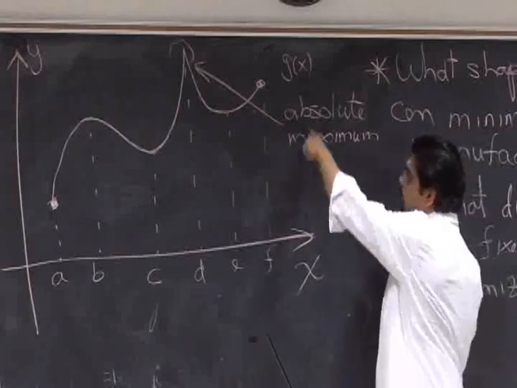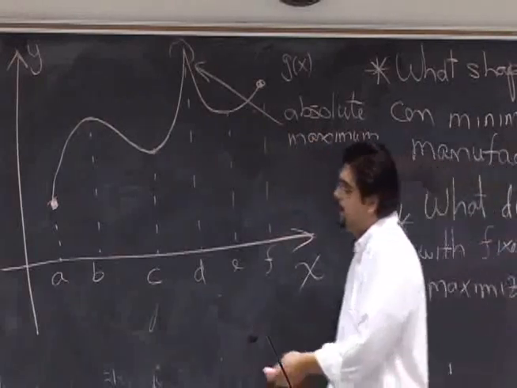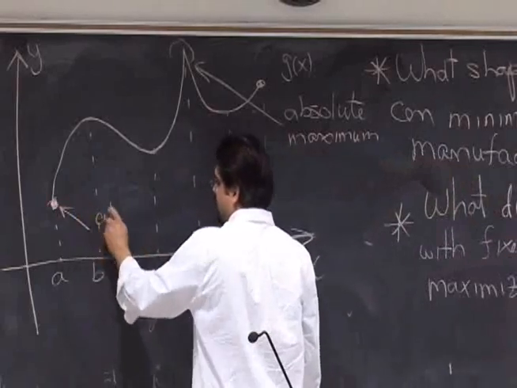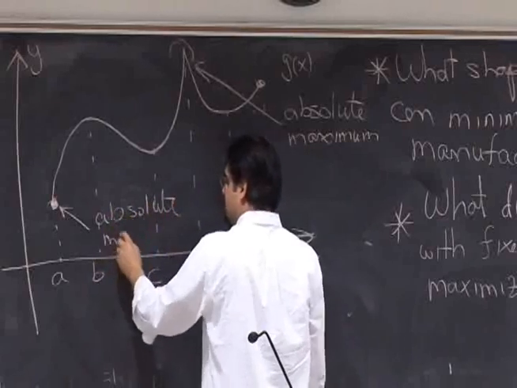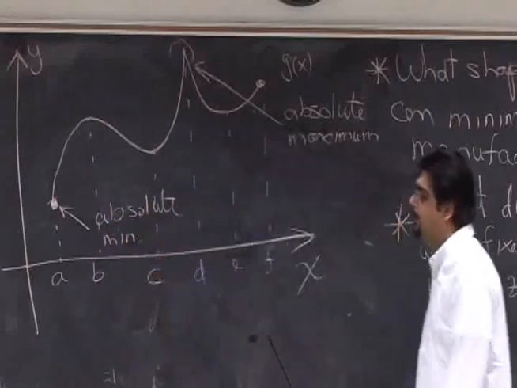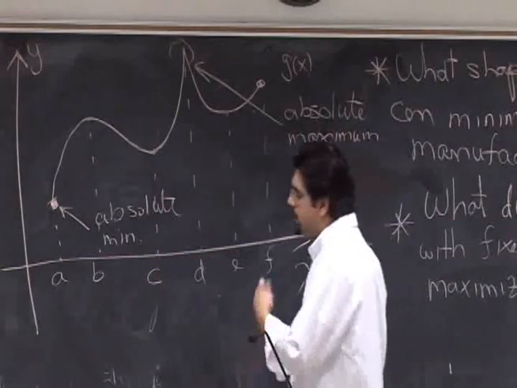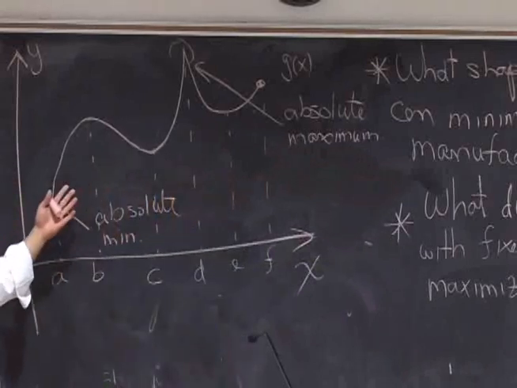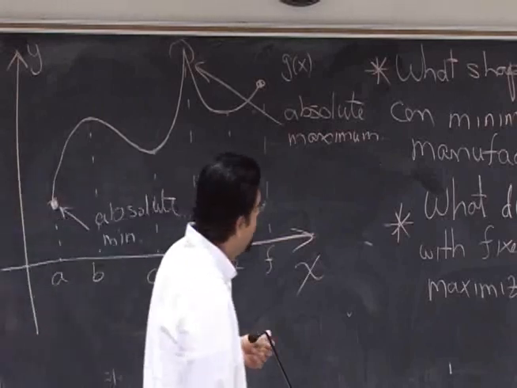Some books call it the global maximum. Okay? And the lowest point on the graph, which is this one, represents the absolute minimum, or global minimum. Okay? And trying to find the absolute maximum, absolute minimum is not as straightforward if we don't have the graph of the function. So we're going to come up with some tools to help us do that.